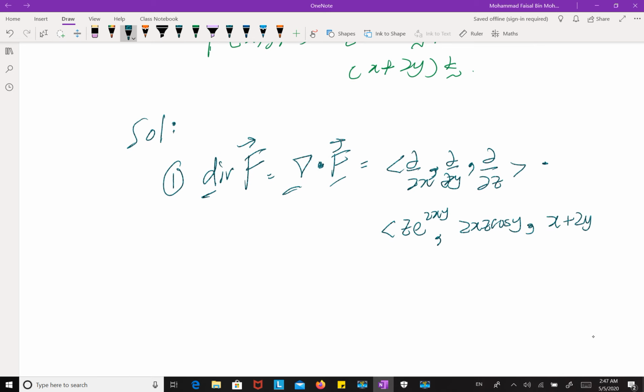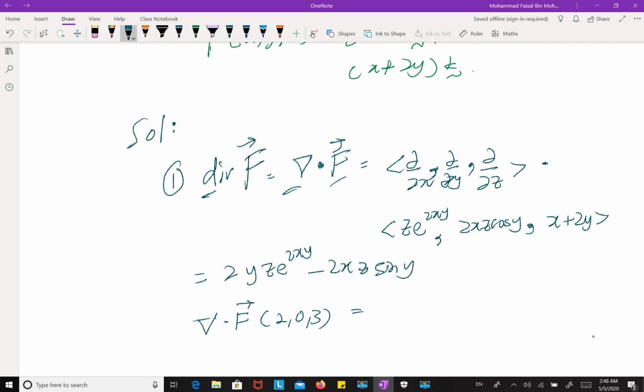Then this results in 2yz e to the power of 2xy minus 2xz sin y at (2, 0, 3). You just substitute x equals 2, y equals 0, z equals 3, and you will get 0. Your divergence equals 0, which means the particles just pass through the region of space.